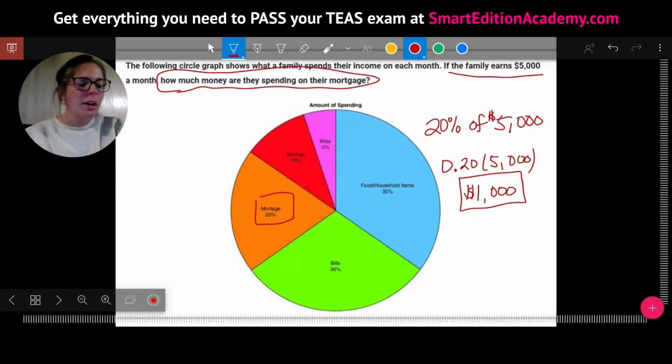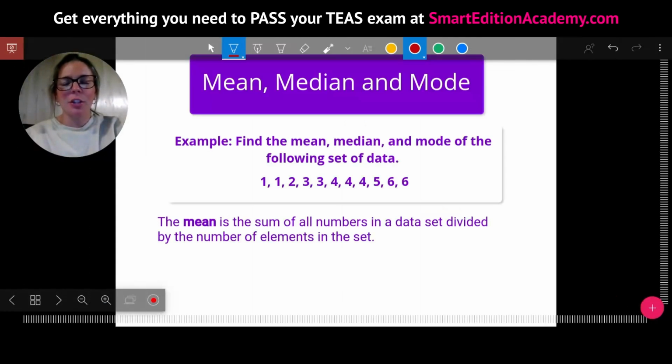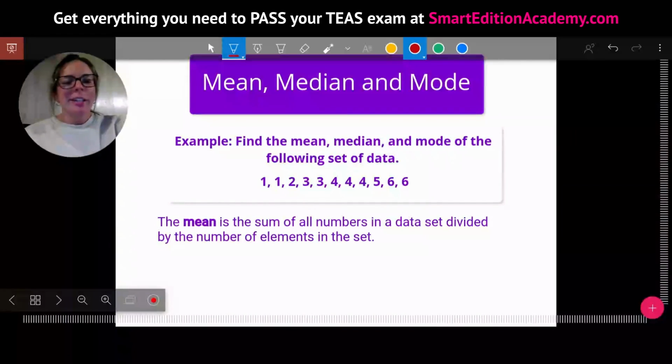Okay, so we did a lot with these graphs. I want to dive into a few other statistical topics that we need to know. First one being mean, median, and mode. You may have heard of these three little musketeers together before, as early as elementary or middle school.